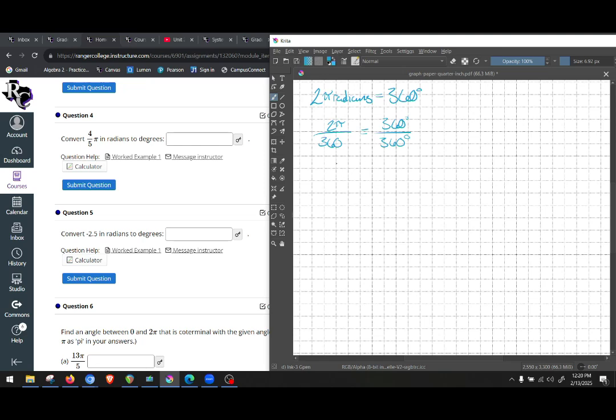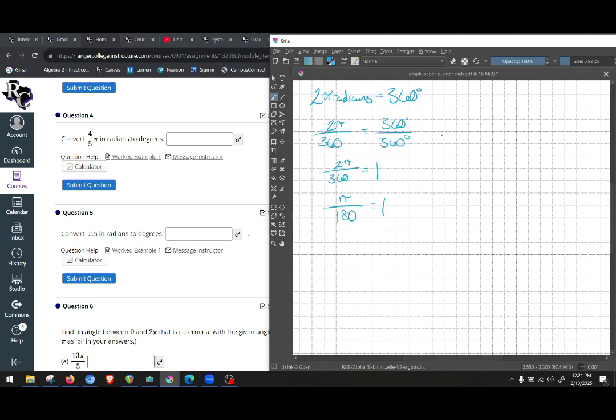That gets us 2 pi over 360 equals 360 divided by 360, which is just 1. You can reduce here: 2 into 360 is 180. That's how we got that pi over 180.